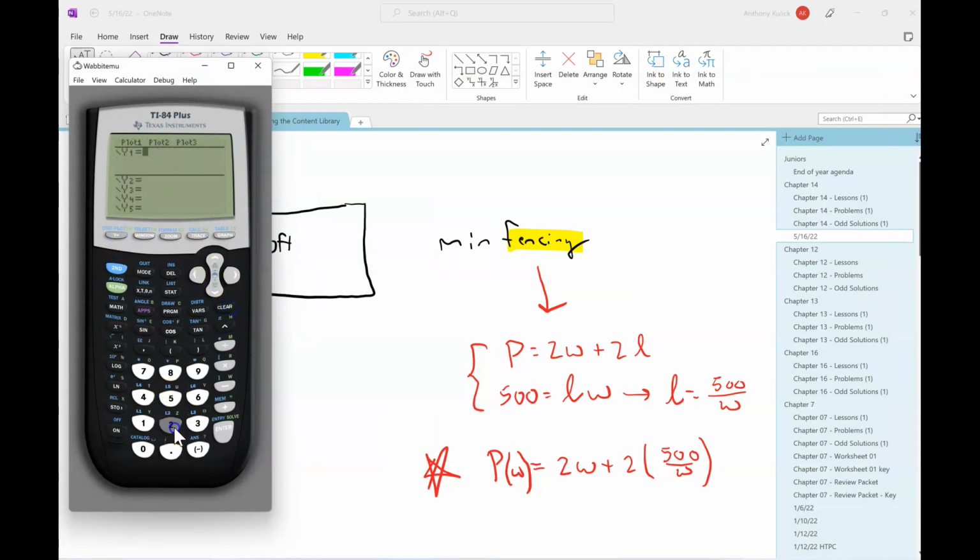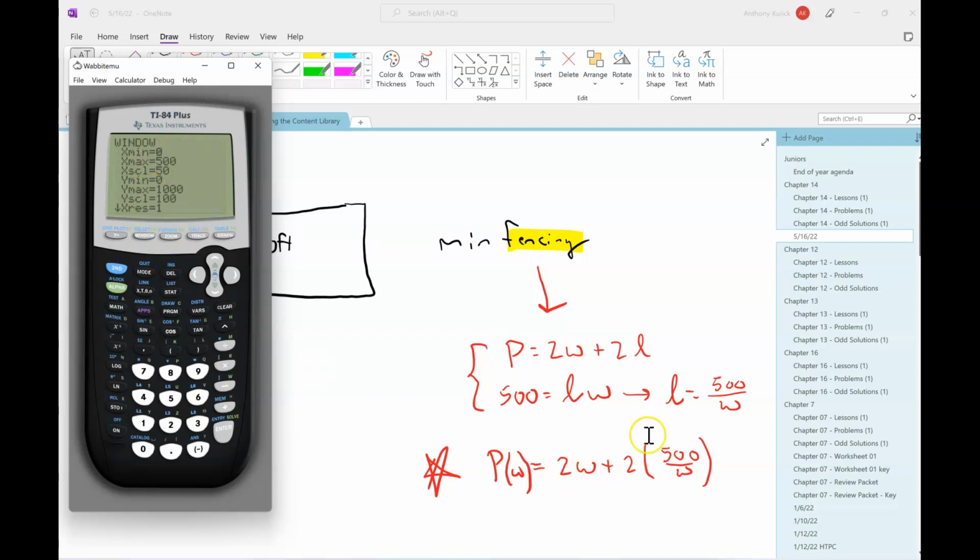What do I need to be careful about when I'm doing that in my calculator? Are all values of x plausible values in this situation? No, man. What kind of numbers are implausible? Negatives. So we're going to be a little bit careful when we create our window.